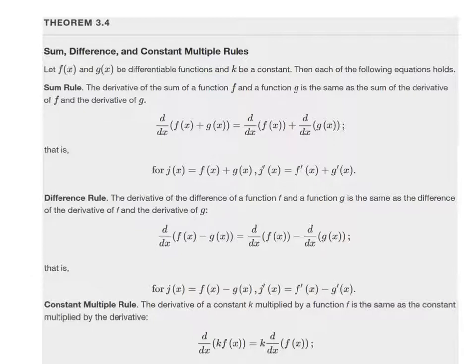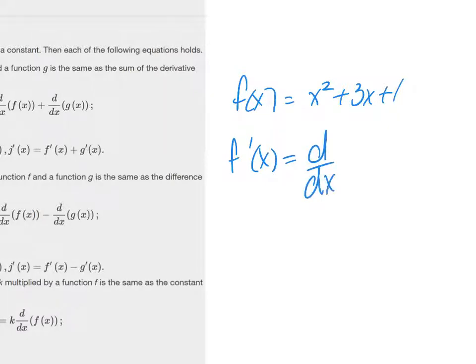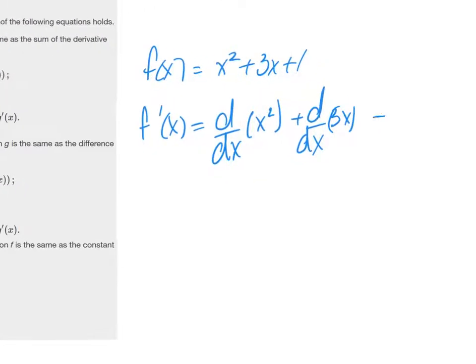It just says that if I have something that looks like this, f of x is equal to x squared plus 3x plus 1, and I'm asked to do the derivative of this, f prime of x, then I do the derivative with respect to x of the first term, the derivative with respect to x of the second term, and the derivative with respect to x of the last term.